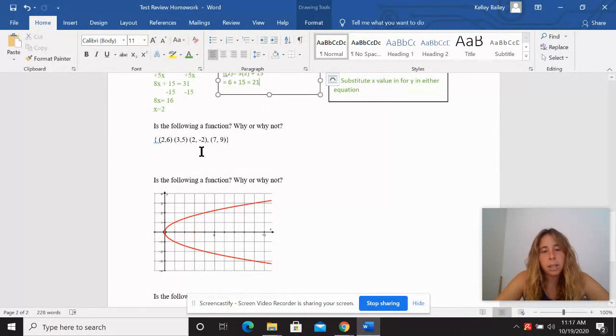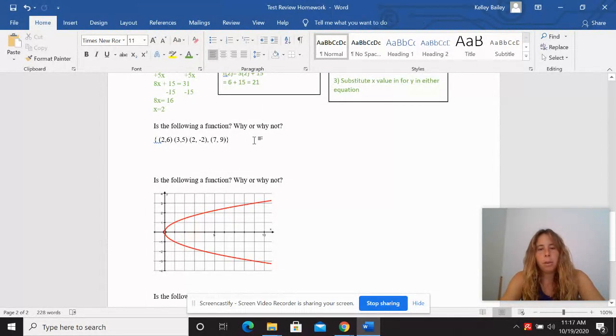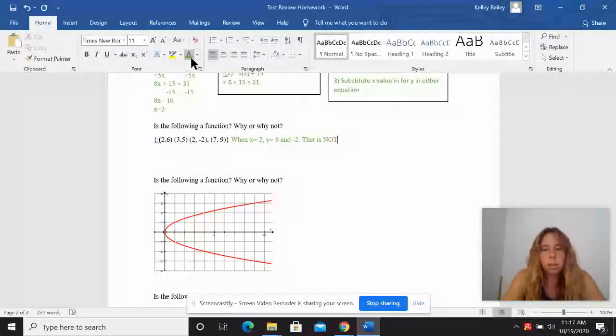Not a function. When x equals 2, y equals 6 and negative 2. That is not a function.